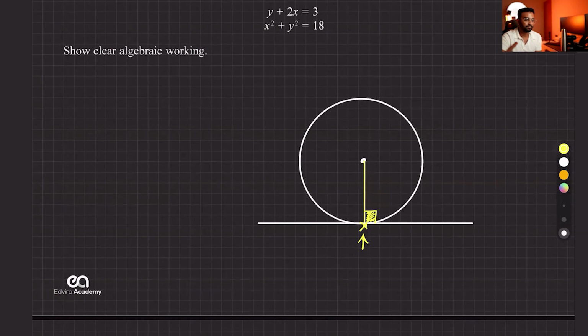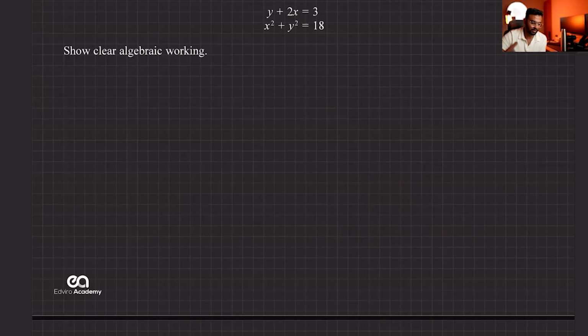But there are questions where you will use the tangent properties, but in those questions, the question already says this is a tangent. Therefore, you can use this property. We will get to that when we do revisions on circle theorems. Don't worry. We will be doing so many proofs on circle theorems.